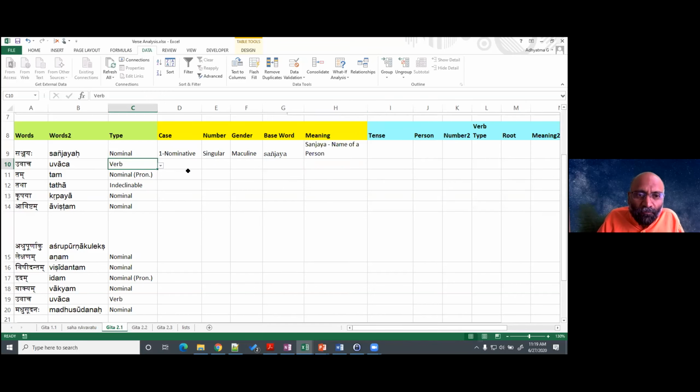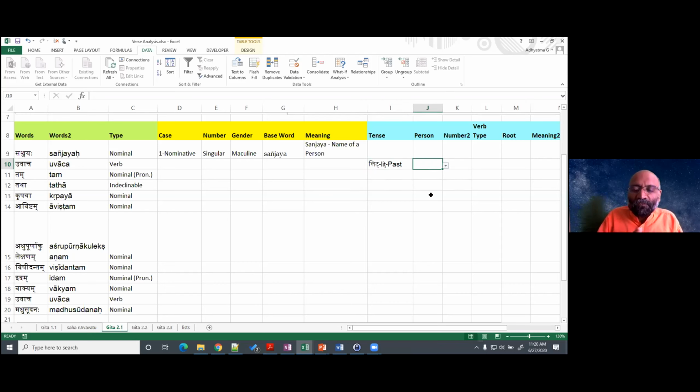Uvacha, it's a verb form. For the verb form, these are the things which are applicable. So what is the tense? Sanskrit has 10 tenses and moods. Uvacha happened, so there are 3 types of past tense in Sanskrit. This lit is the past tense which is applicable here.